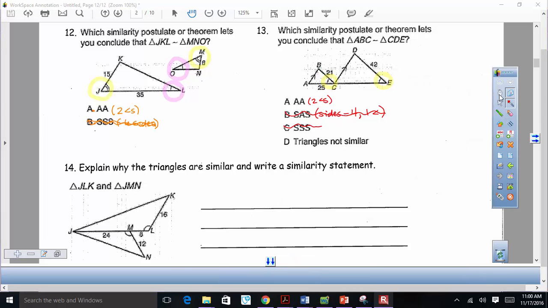So these lines right here are parallel. AB is parallel to CD. And then we actually have two transversals cutting them, right? We have this transversal right here, but we also have this transversal right here. So we're going to have to figure out which one to use.